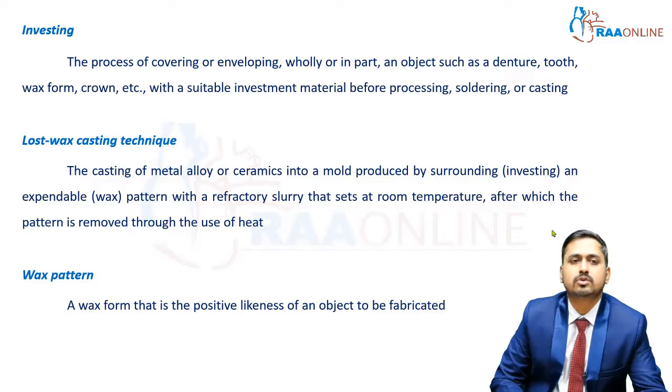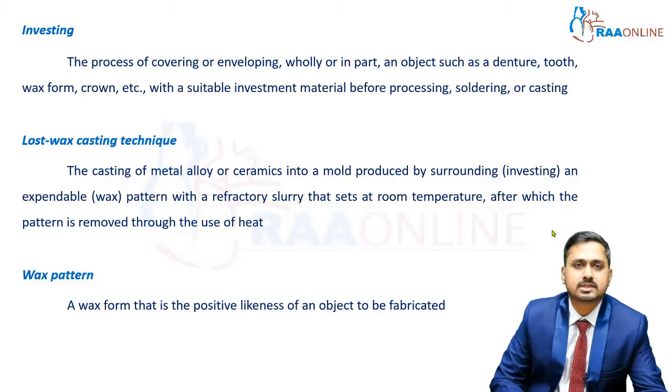Moving on, investing is a process of covering or enveloping wholly or in part an object such as a denture or a tooth, wax form or crown. It can be done during various processes like flasking your denture, where we invest your denture or wax pattern and teeth arrangement in a plaster flask. Next you have soldering, wherein two adjacent components which have to be soldered are oriented and positioned using an index which is usually of gypsum.